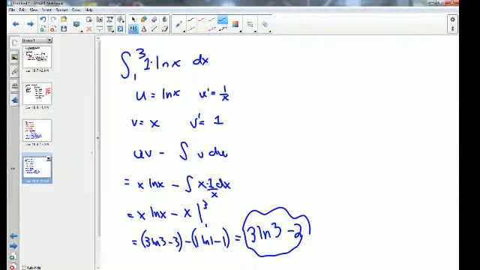Which could also be, if you want to do your logarithm rules, remember, this could also be written as natural log 3 cubed minus 2. So that could be natural log 27 minus 2. These are the many iterations of a possible multiple choice answer, so be careful on those.